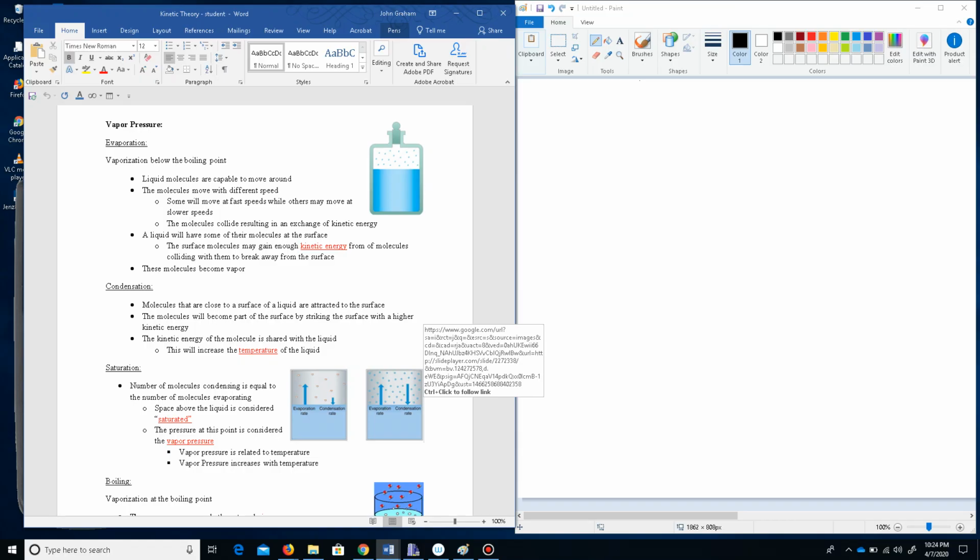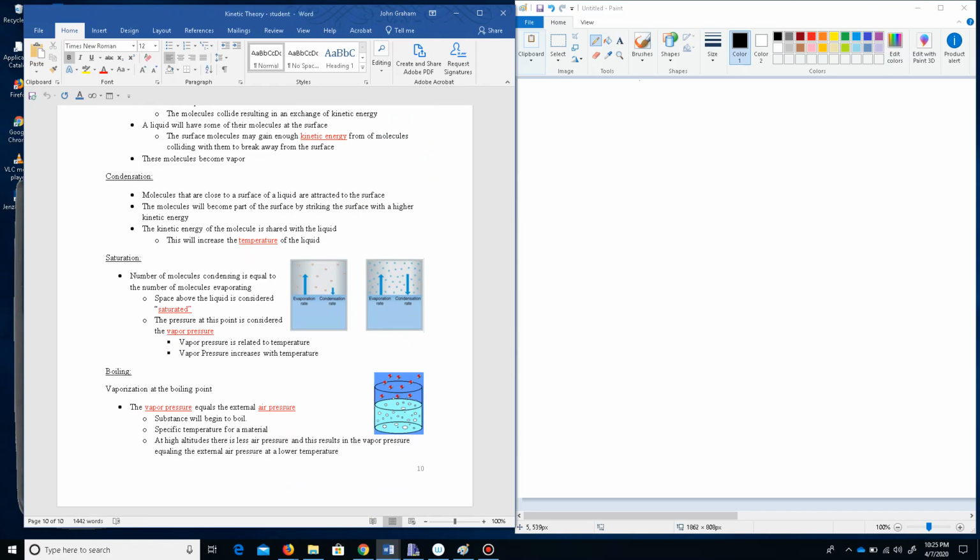It means the number of molecules condensing is equal to the number of molecules evaporating, which means you can't have any more molecules up in this area above it. That's considered saturated. The pressure at this point is what we call the vapor pressure. And this vapor pressure is related to temperature, and it increases with temperature as well.